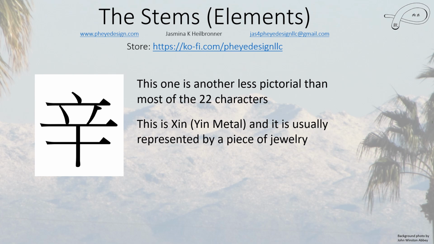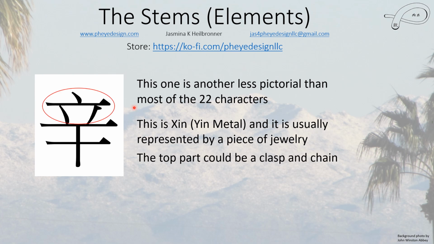Now this is another one that's quite a bit less pictorial. This is Sin, that's Yin metal, and it's usually represented by a piece of jewelry or something. Oftentimes they show it as a diamond, but a diamond is actually carbon based. That drives me a little crazy. But you can just think of a piece of jewelry.